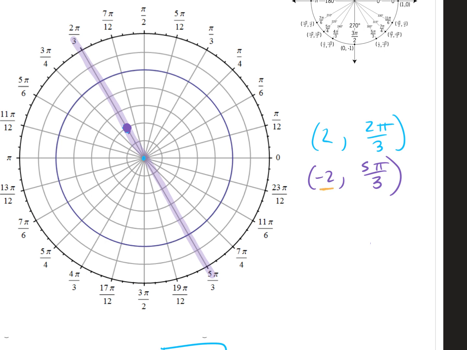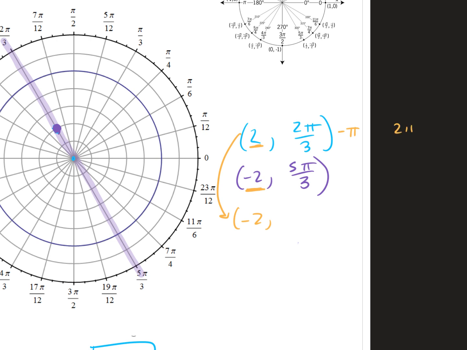Perfect. So if we keep the same number here, we can keep negative 2. And from 5 pi over 3, we would subtract 2 pi. If you change the sign, so if you're using this one and you change the sign to negative 2, you can add or subtract pi. So going from this one to here, we change the sign to negative 2, we can subtract pi.